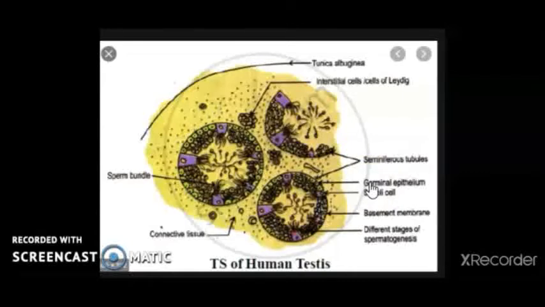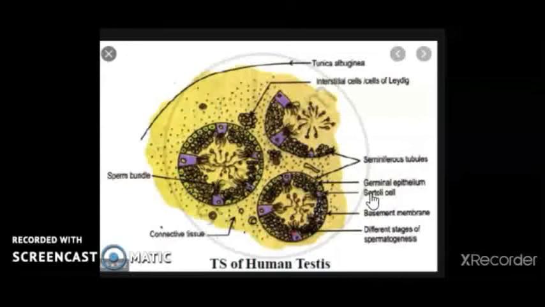Gametogenesis is the process in which gametes are formed. So the germinal epithelium cells undergo gametogenesis to form spermatozoa. These Sertoli cells provide nourishment to the developing sperms.